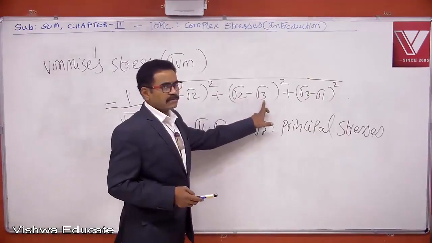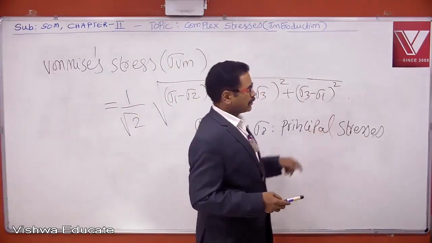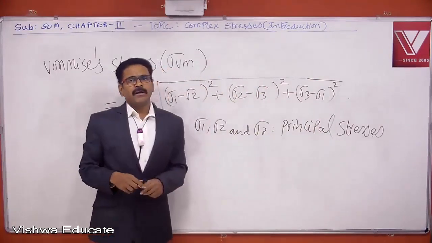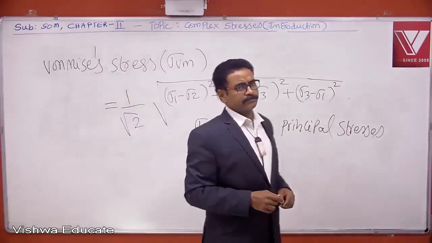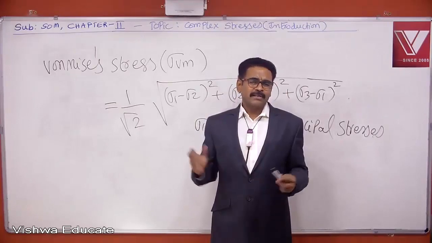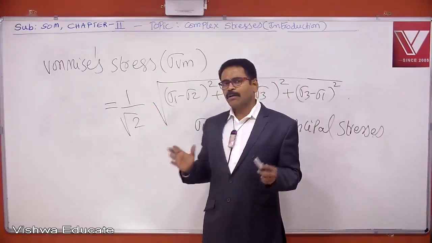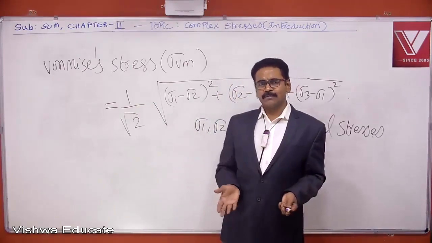Sigma 2 minus sigma 3 gives another shear. Sigma 3 minus sigma 1 gives another shear. Actually, this is one shear, second, third, three shears. Von Mises stress is a kind of resultant shear stress. So, I am not giving contradictory statements. I am giving almost the same statements.